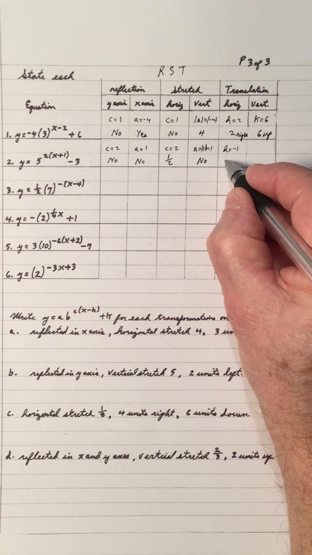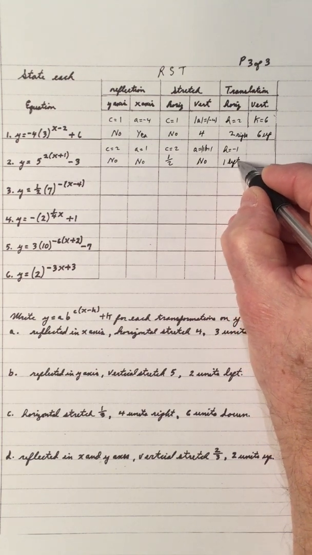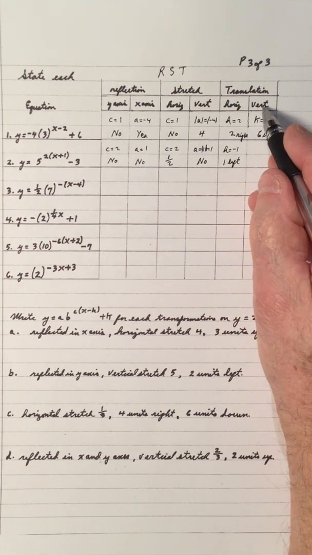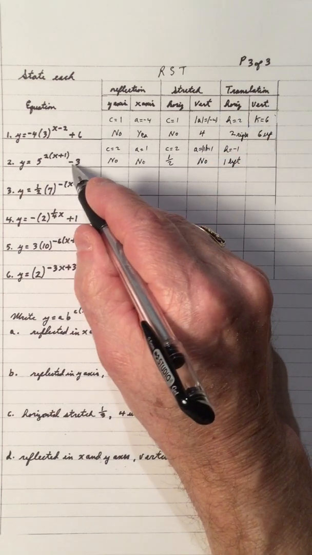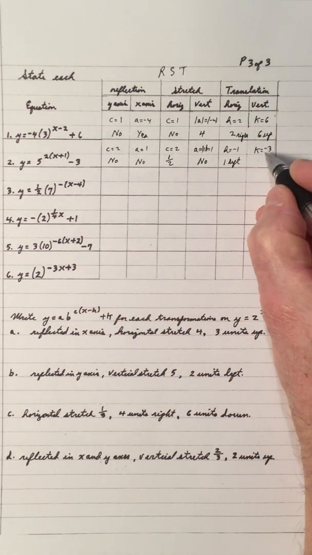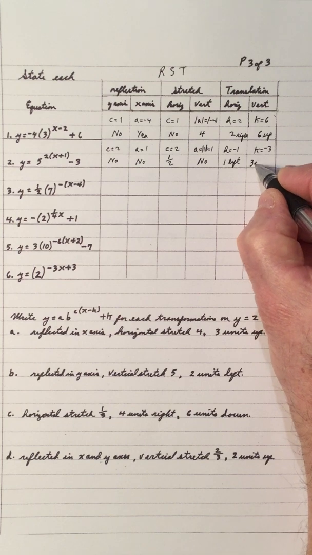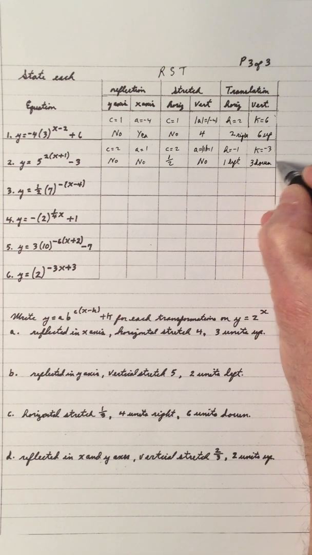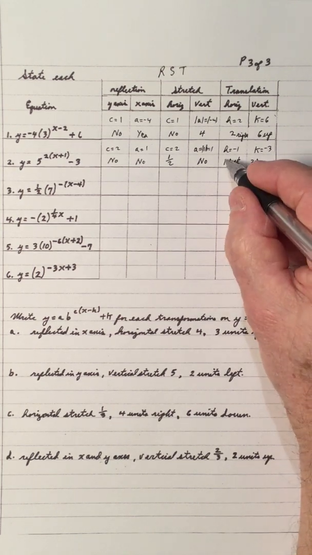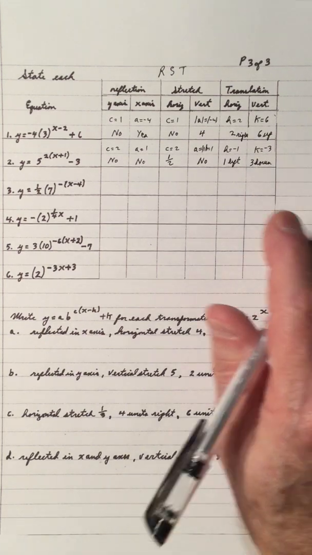So horizontal is left and right, and because it's negative, it's gone one left. And the vertical translation is in terms of k. So k is -3, vertical is up and down, so it's negative, it goes 3 units down. We'll do more on that when we do the graphing.